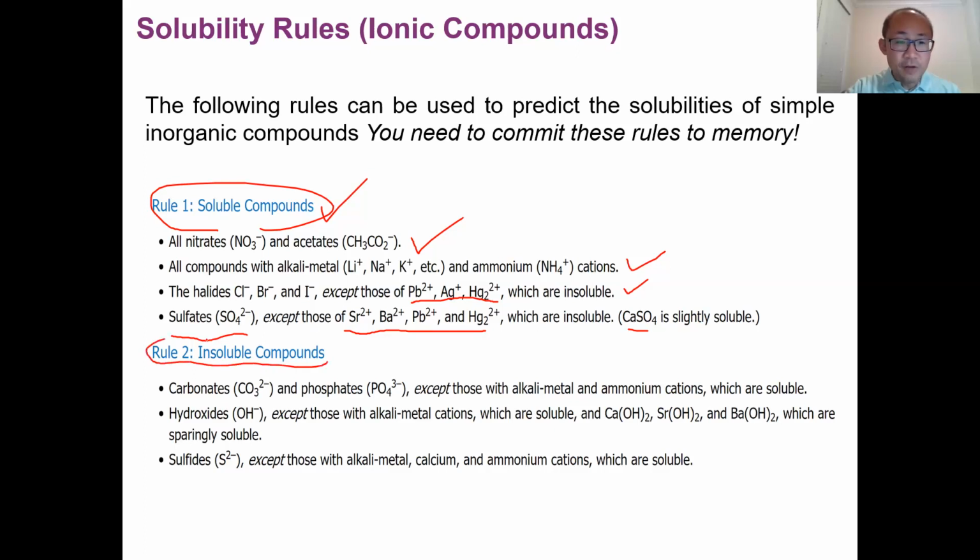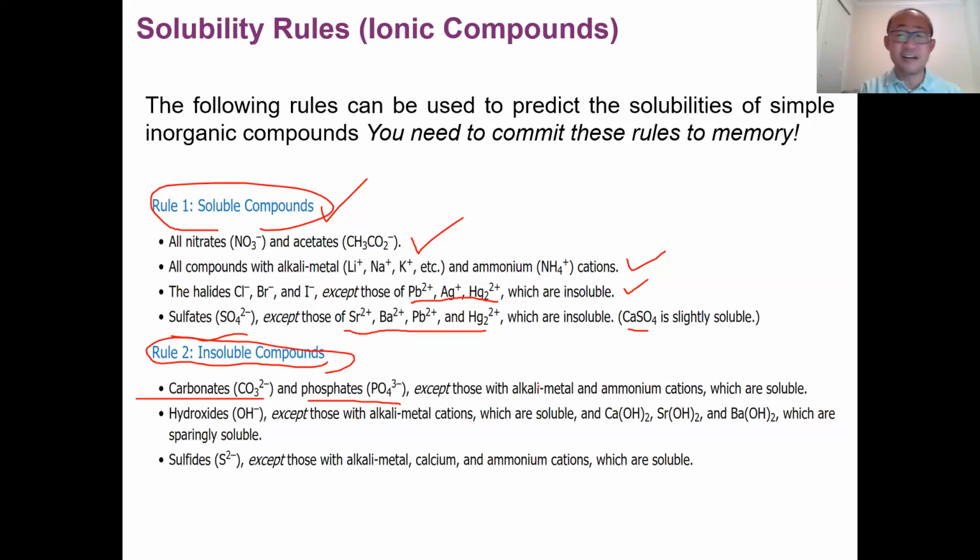The second part of this rule is ionic compounds that are generally insoluble, that means not soluble. First, carbonate and phosphate are normally not soluble, except when they have something we mentioned in the first part: lithium, sodium, potassium, or ammonium ions.